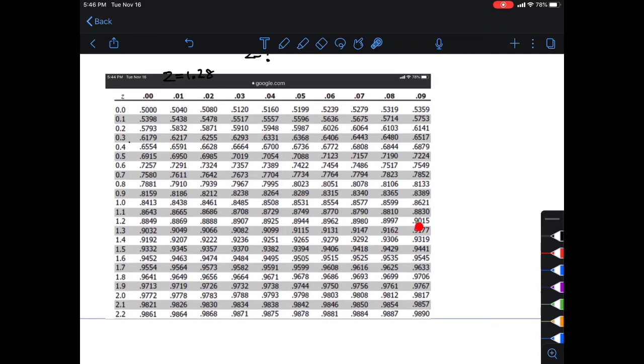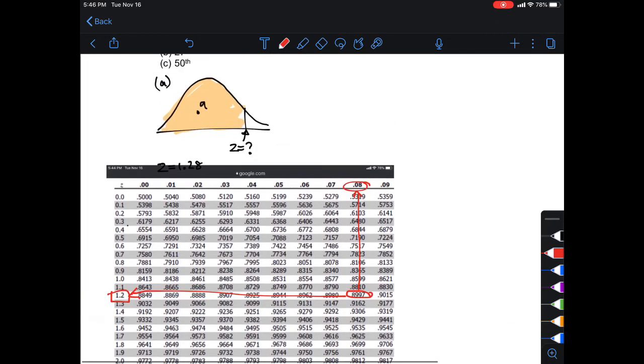So 0.9015 minus 0.9, it's 0.0015, or if you subtract this, this is only 0.0003 away. So this is closer. So right here, first I identify which one is the closest to 0.9. Then I look up and I look to the margins and it tells me it's 1.28. And that's how you get the z-score of 1.28.